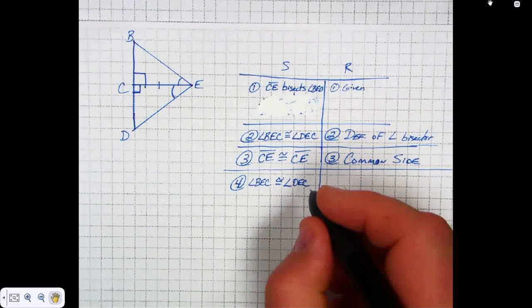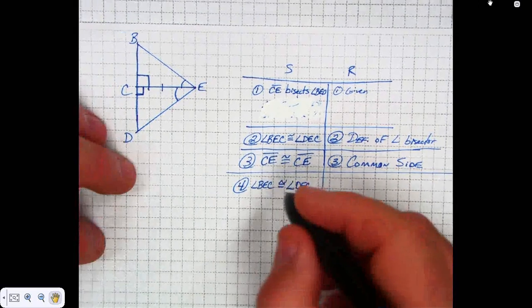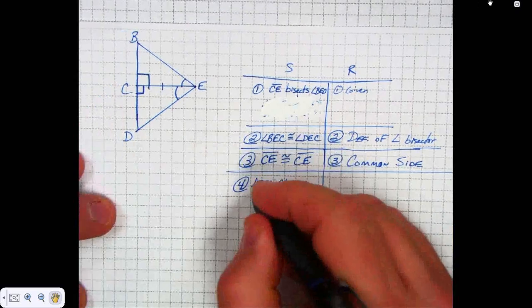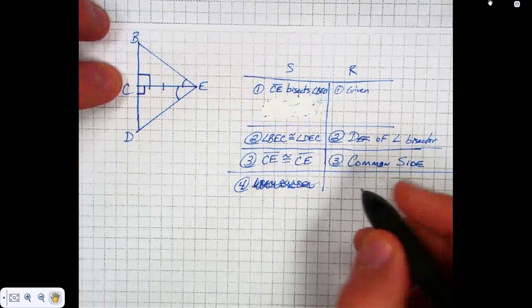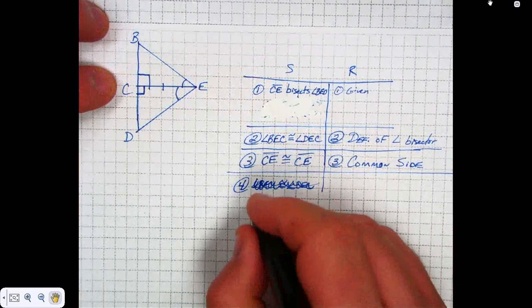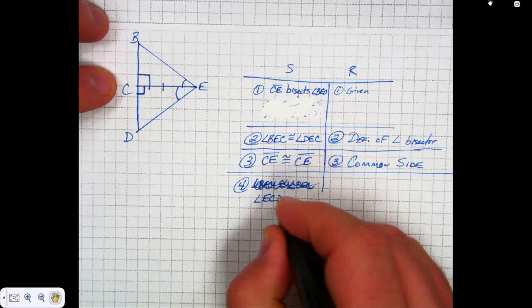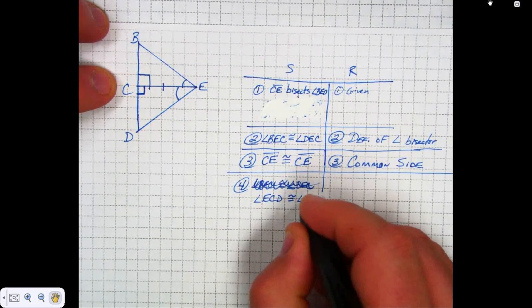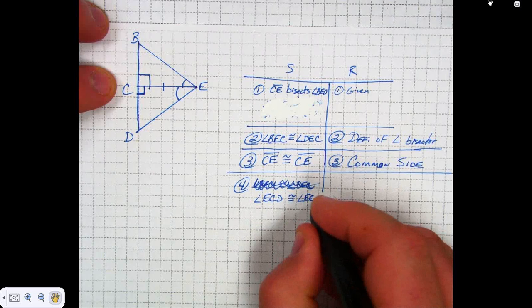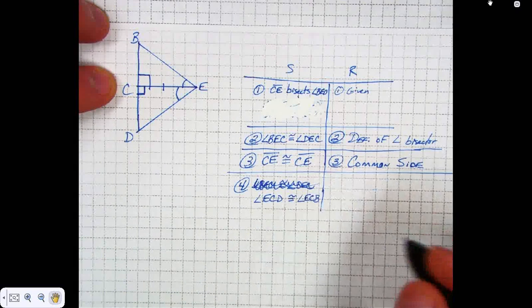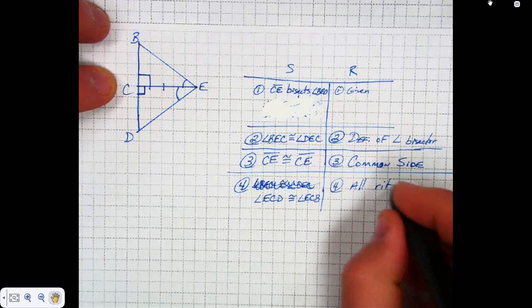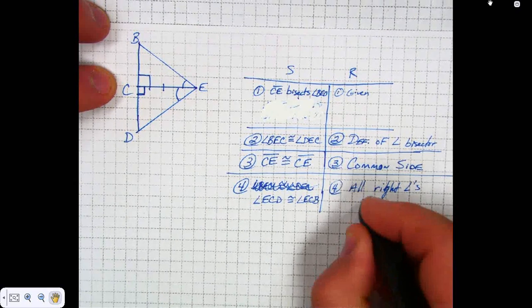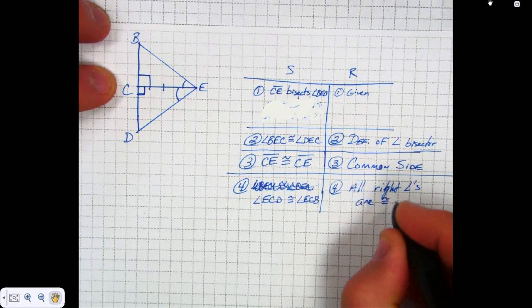Oh, I'm sorry, what I meant to say, I was going backwards. The two right angles are congruent, aren't they? Yes. So angle ECD is congruent to angle ECB. And what can I say there? How about all right angles are congruent.